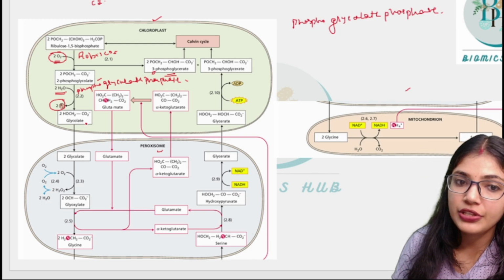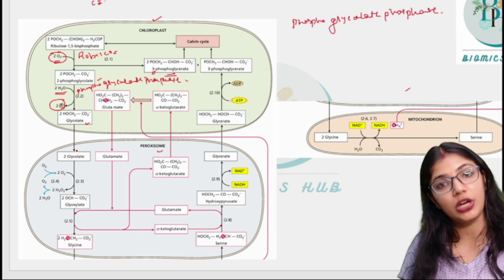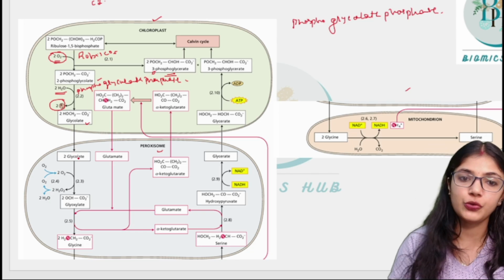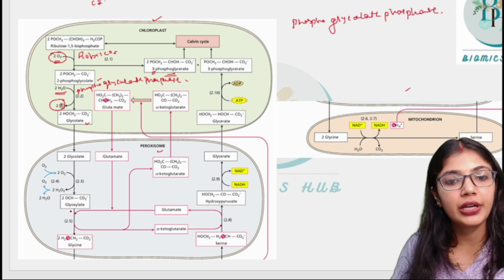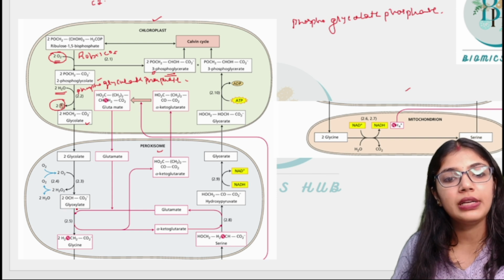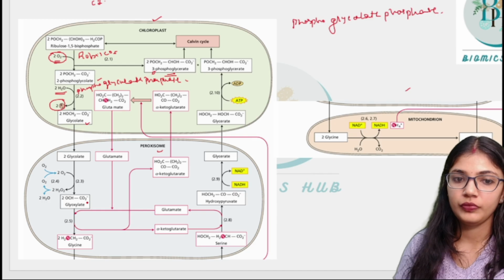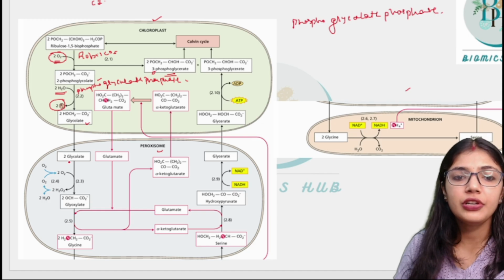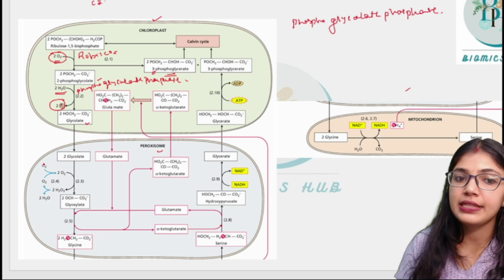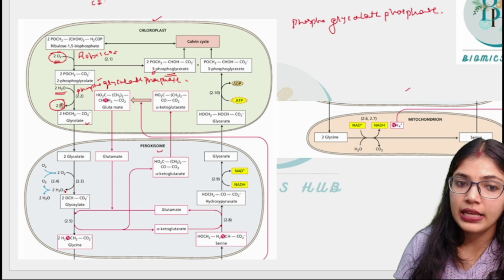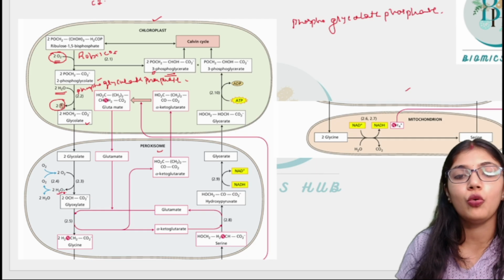Now this glycolate is being transferred into another organelle, which is known as peroxisome. Now this glycolate is being converted into glyoxylate. During the conversion of glycolate into glyoxylate, there is removal of hydrogen. Here 2O2 is being utilized again and it is forming 2H2O2.